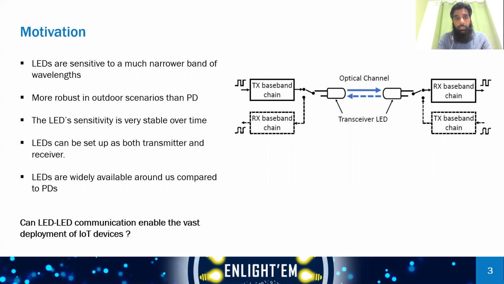The LED sensitivity is very stable over time, and LEDs can be set up as both transmitter and receiver, which enables a bidirectional link using only a single LED at each end. LEDs are widely available around us compared to photodiodes. So the question is, can LED to LED communication enable the vast deployment of IoT devices?